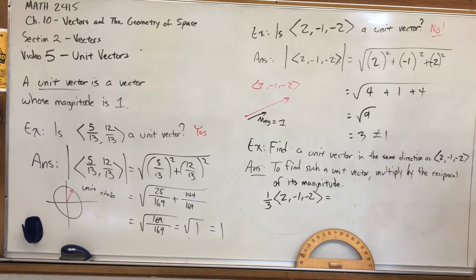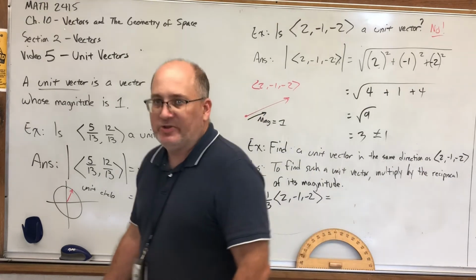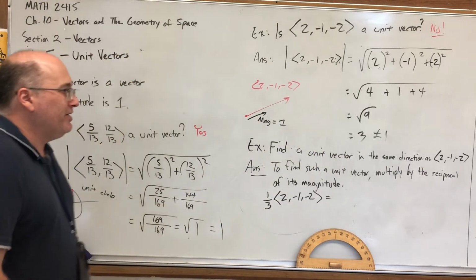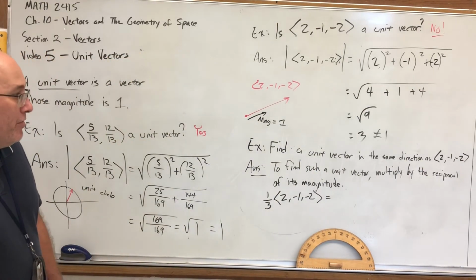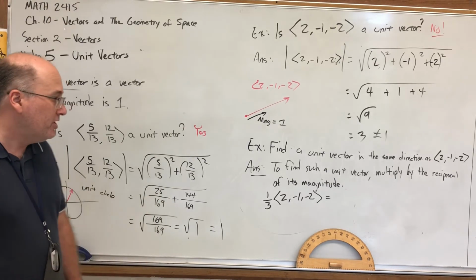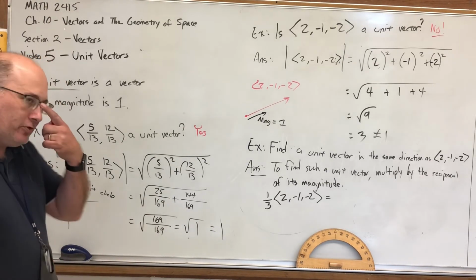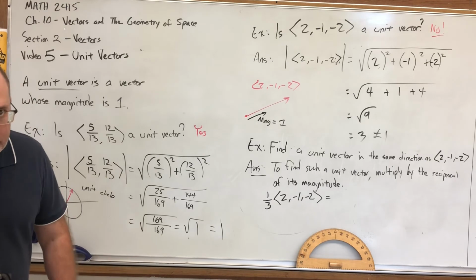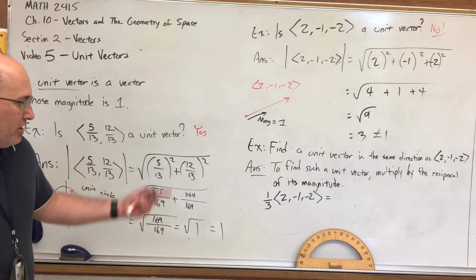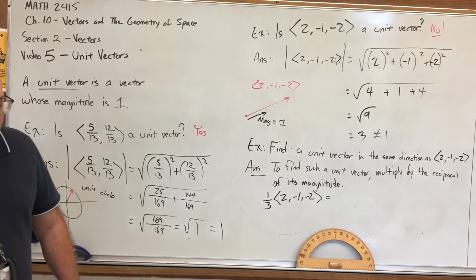It just dawned on me that there's a reason I didn't do this earlier. I know you can't see my list over here, but originally I had unit vectors further down the list of things to do. And I thought, well, let's do it now since we're talking about magnitudes, but now I remember why I put it further down the list. We haven't talked about how to do vector operations in component form. We haven't talked about how to do scalar multiplication in component form.